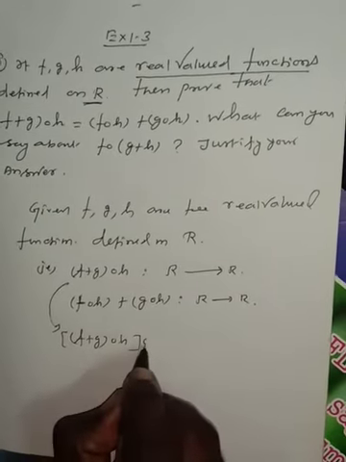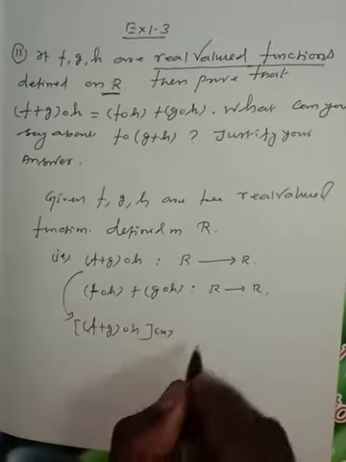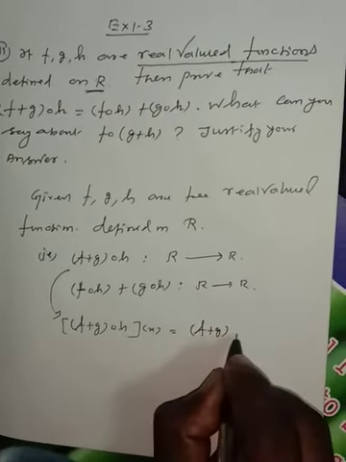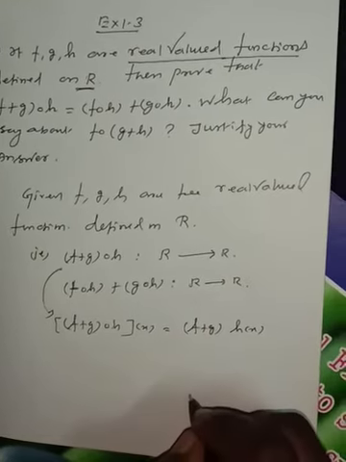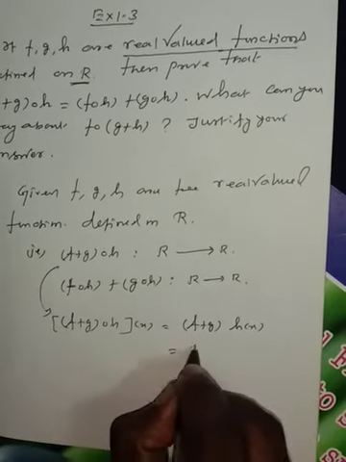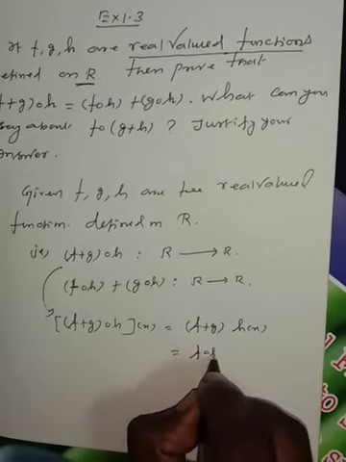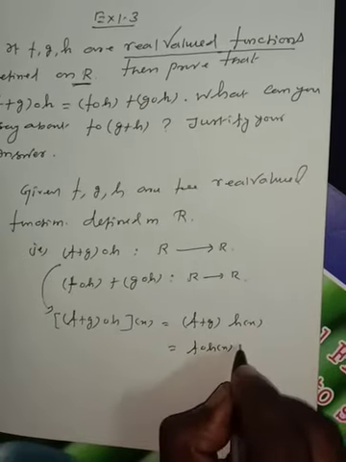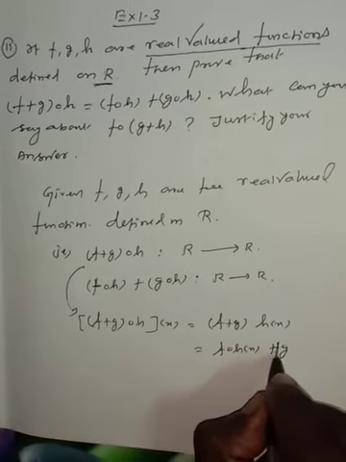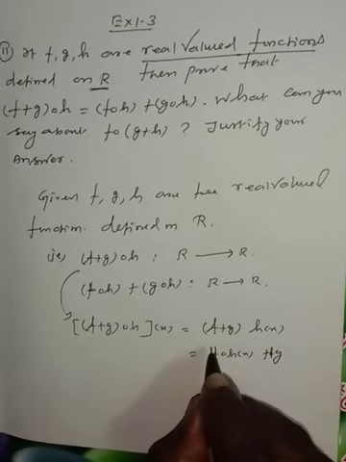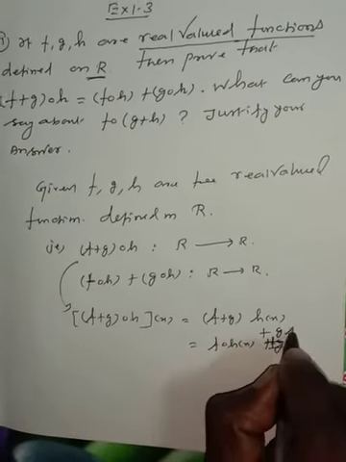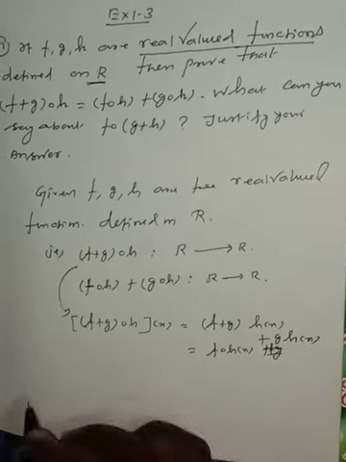For the operation, we take x: (f plus g) of h of x is equal to (f plus g) of h of x, which is f of h of x plus g of h of x. Distribute this.